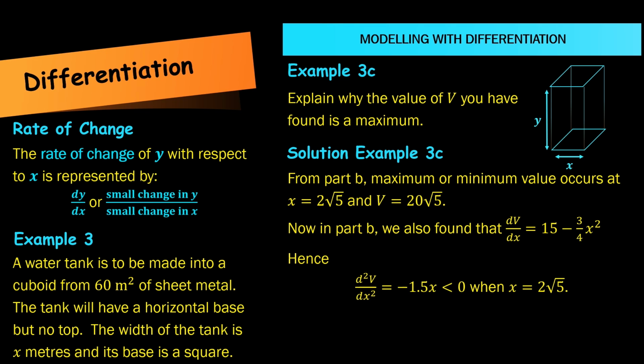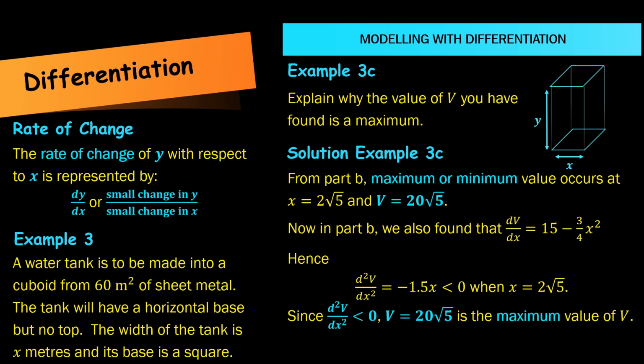So if we differentiate this again, we obtain d2V/dx squared equals minus 1.5x. And of course, this is less than 0 when x equals 2 root 5. Now, since d2V/dx squared is less than 0, we can therefore conclude that V equals 20 root 5 is the maximum value of V.